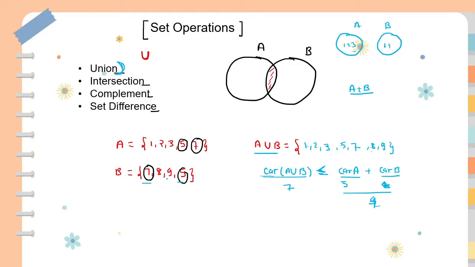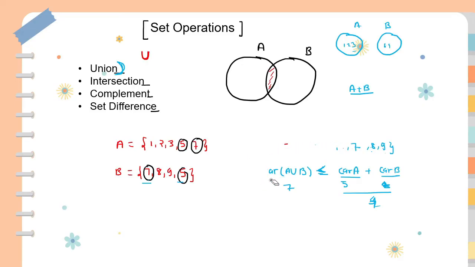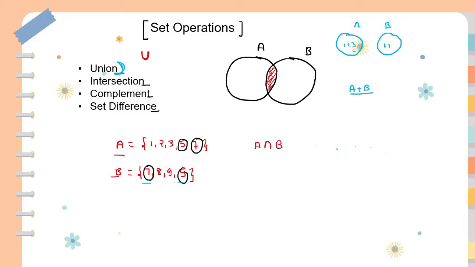Now we are done with union, so let us understand intersection. Intersection is basically what is common to both. We are interested in finding the intersection of A and B. Intersection is written like a downward cup; union was written upward, intersection is written downward.